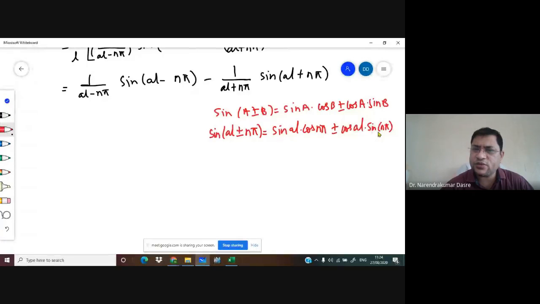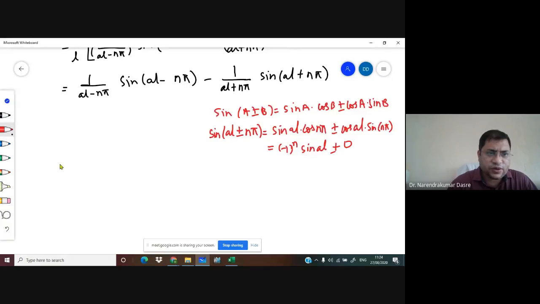So we know sine of n pi is going to be 0 and cos of n pi is minus 1 raised to n, and sine of AL plus or minus this is going to be 0. So for this term we get this value, and for this term also we get this value.